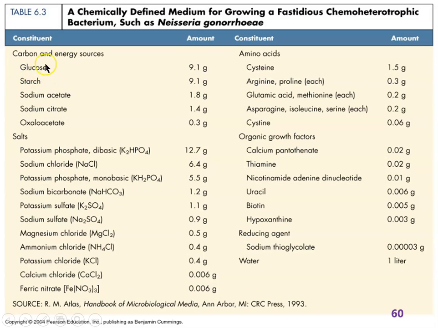So you have to give it glucose, but also, let me back up. It needs everything on this list. So you have to give it glucose, but also a complex starch. You have to give it acetic acid, citric acid, and oxaloacetate.